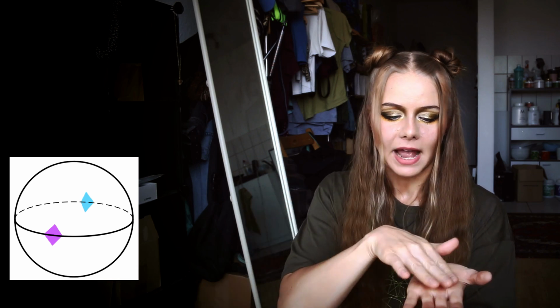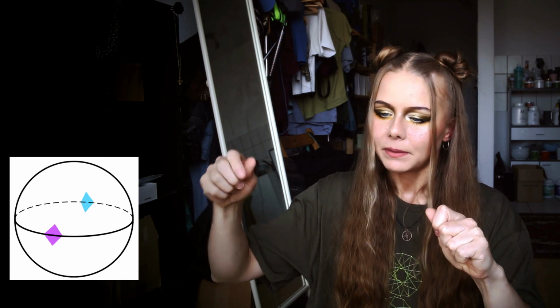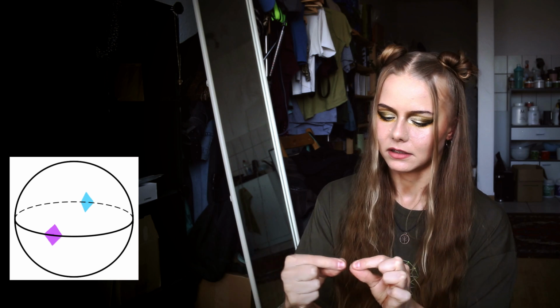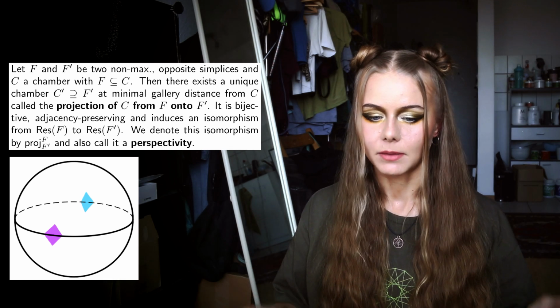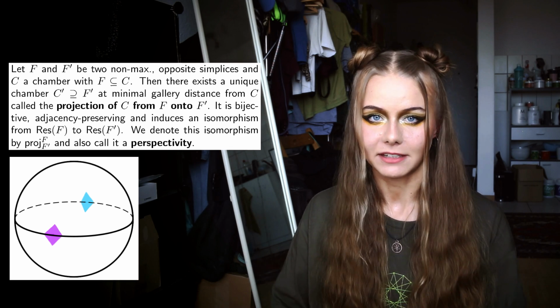We have our triangulated sphere with opposite non-maximal simplices, we can take lines, and they will be in chambers. We have the chamber C that F is contained in, and then there will be a unique chamber that has minimal gallery distance to C. This induces an isomorphism from the residue of F to the residue of F prime. This isomorphism we also call a perspectivity.